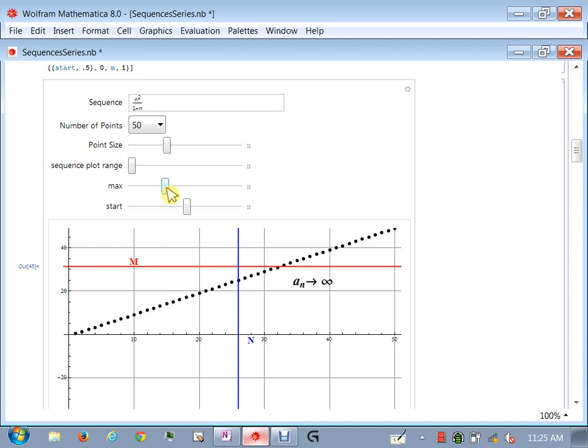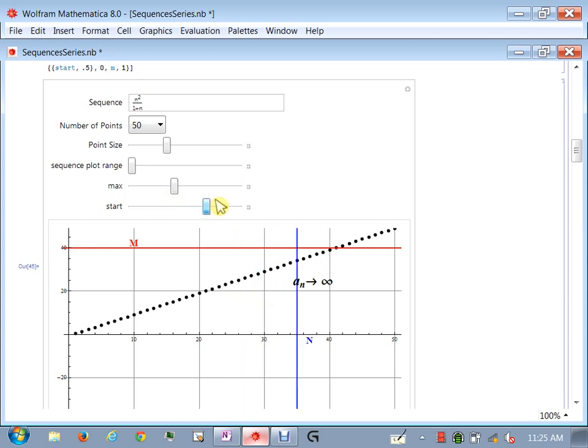So what you're trying to do is prove that to someone. So someone comes in and says, no, I don't believe so. I don't think that sequence ever gets past 40, right? And so you say, okay, fine. Give me your 40. And now you will be able to find a place where you're going to go past the 40, right? So you've shown them.